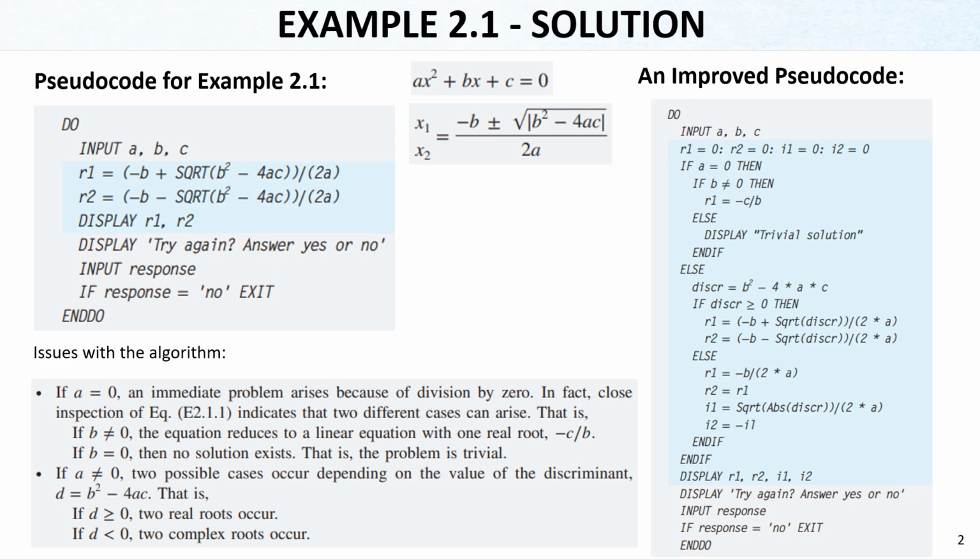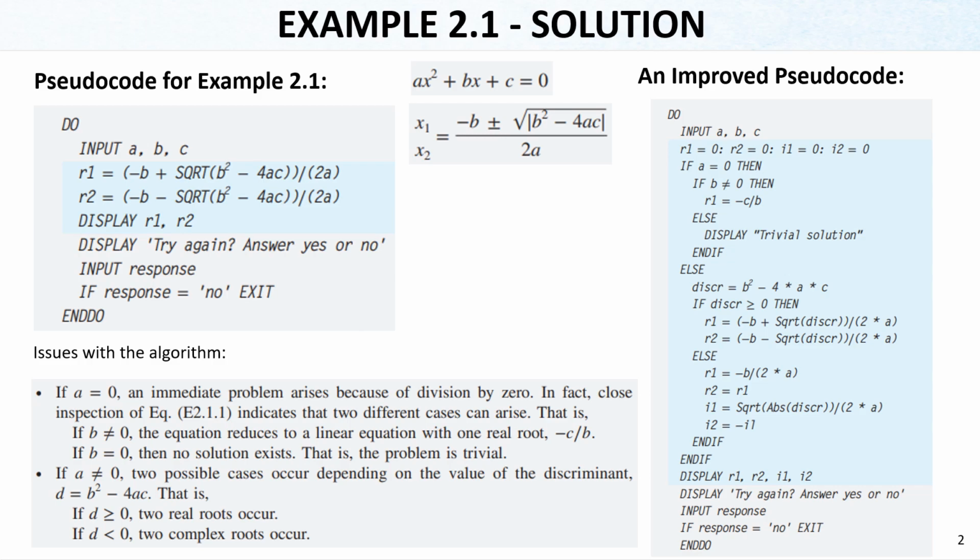And if we want to try again, we answer yes, or if we don't want to, we just answer no. If it is yes, we continue. If it is no, we exit, and that means we finish with the calculation. And if it is yes, it goes to the beginning, calculates again, and continues.